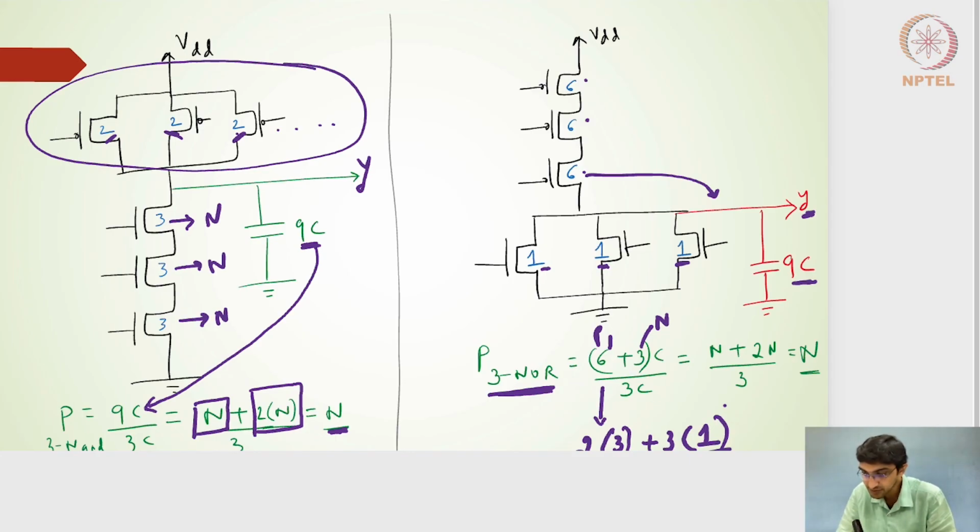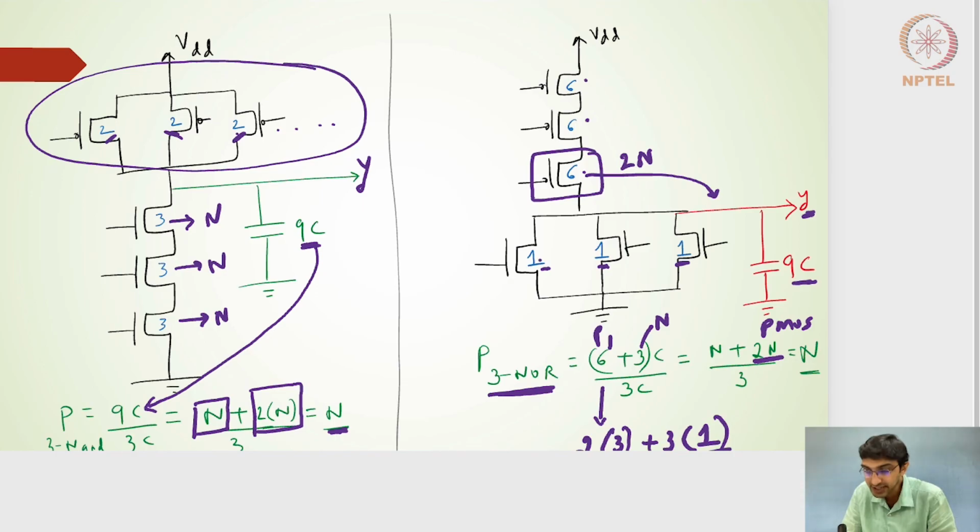So if I consider that, this 2n is coming from the PMOS side. For an n-input NOR gate, I will have 2 times n for the PMOS transistor which is closest to the output node. So for an n-input NOR gate, I will have 2 times the n size, and so that will contribute 2nC capacitance at the output node.